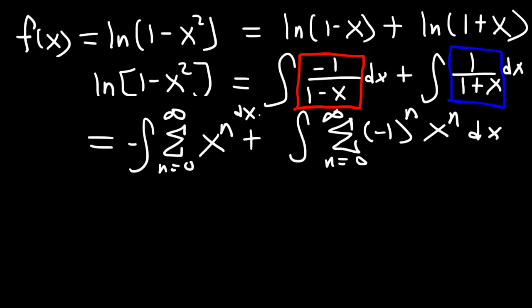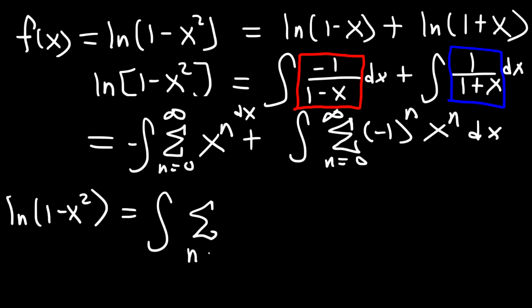Now I'm going to combine these two integrals into one single integral. So we can say that ln(1 minus x squared) is equal to the integral of the series from 0 to infinity. Now notice that we can take out x to the n. So that's a common factor that we can pull out.